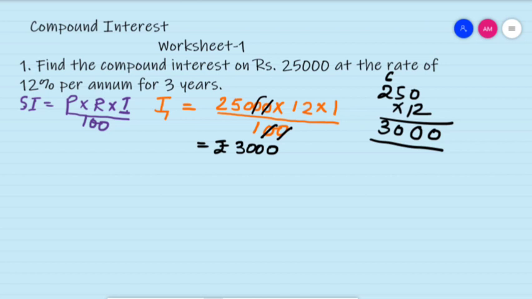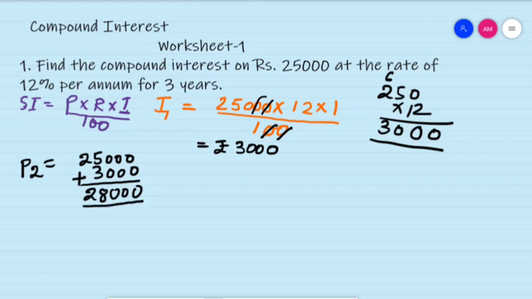That means for the second year, the principal will not be 25,000, but it will be 25,000 plus 3,000. So, principal for the second year will be equal to 25,000 plus 3,000. So, it will be equal to 28,000. I hope now you got the concept.